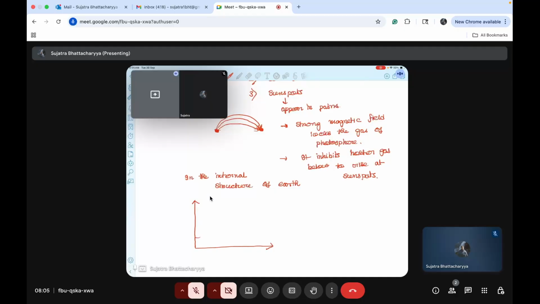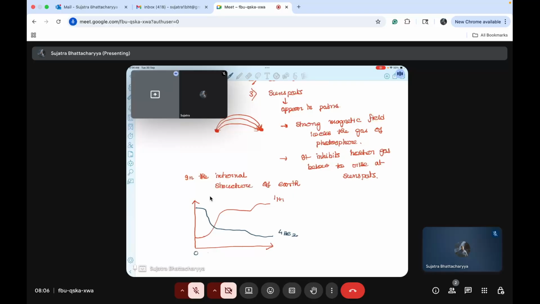Initially, the hydrogen near the core is consumed, fused to form helium. This is 1H1, and for helium, 4He2.